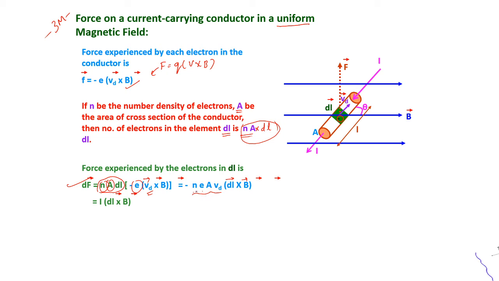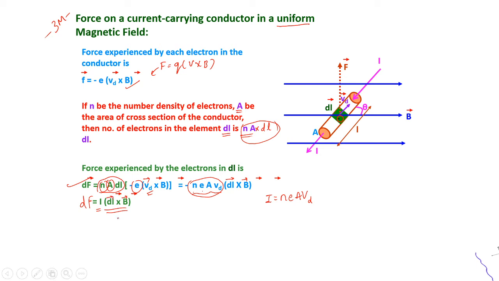But you know that I is equal to nеA Vd. This is from the previous chapter, current electricity, we know it. So just replace these terms by I. So what you are going to get in the next step, dF is equal to I into dl cross B.